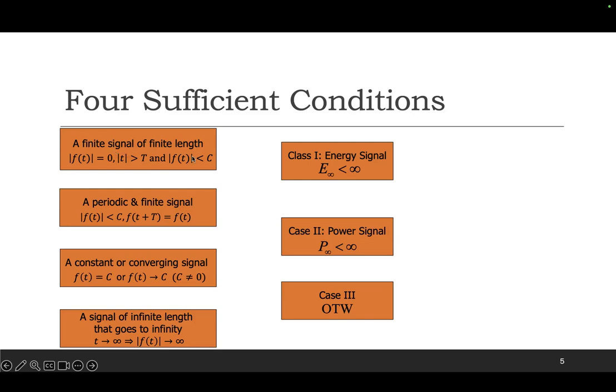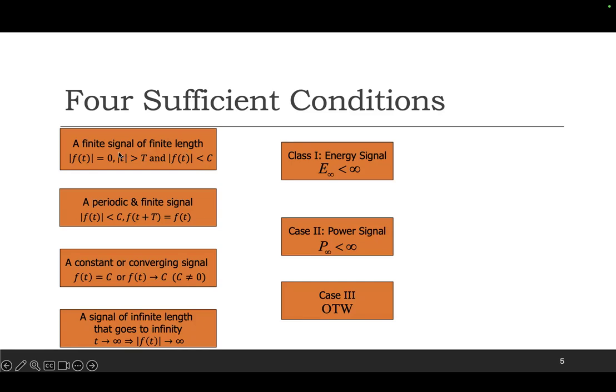If your signal has these conditions, you can easily tell which class it belongs to. For the first signal, a finite signal with finite length: what does that mean?